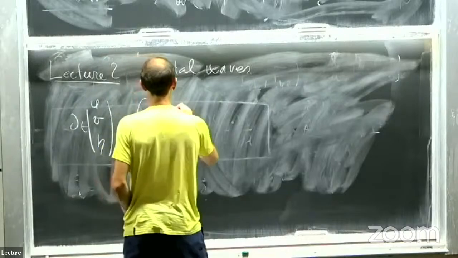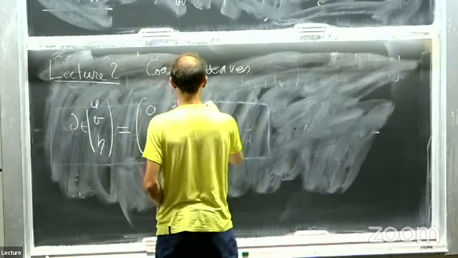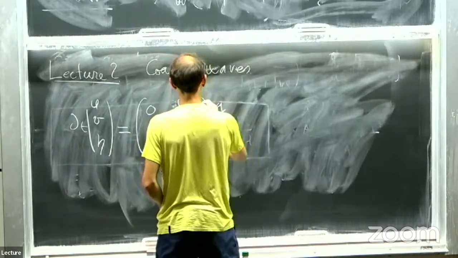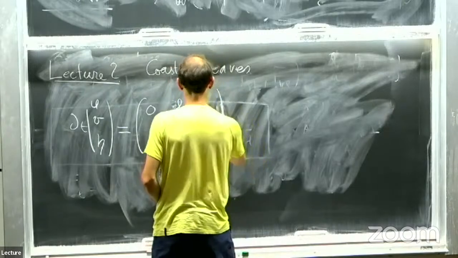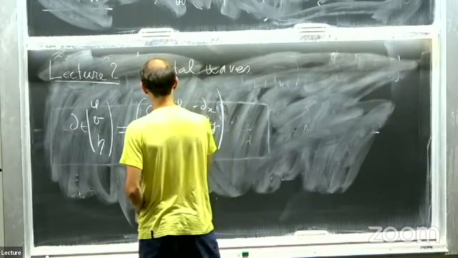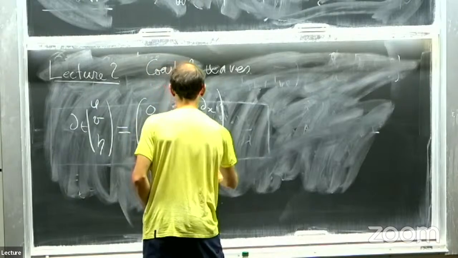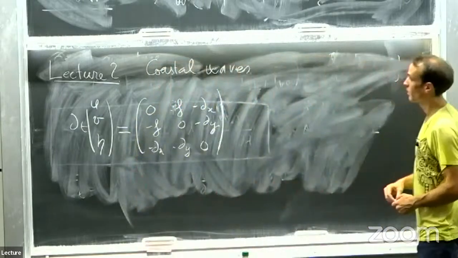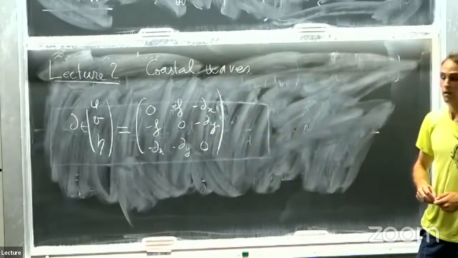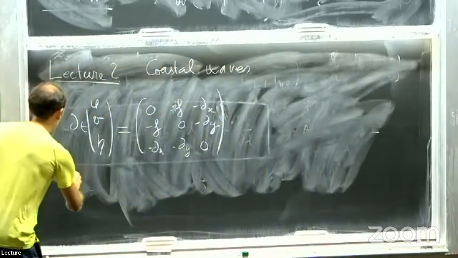So I write again the equation. Okay, so what are the discrete symmetries in this problem? So let's look at time reversal symmetry.